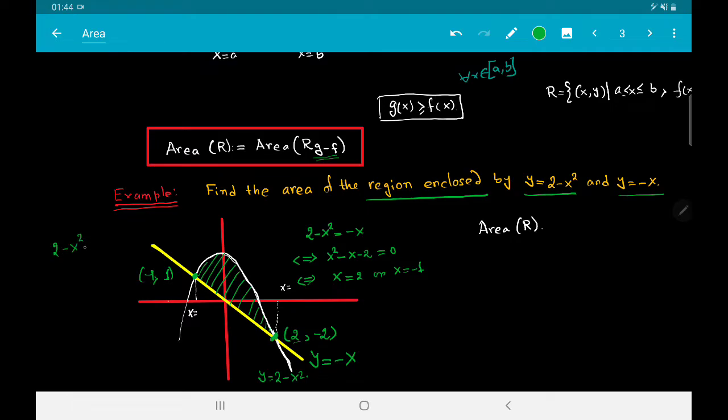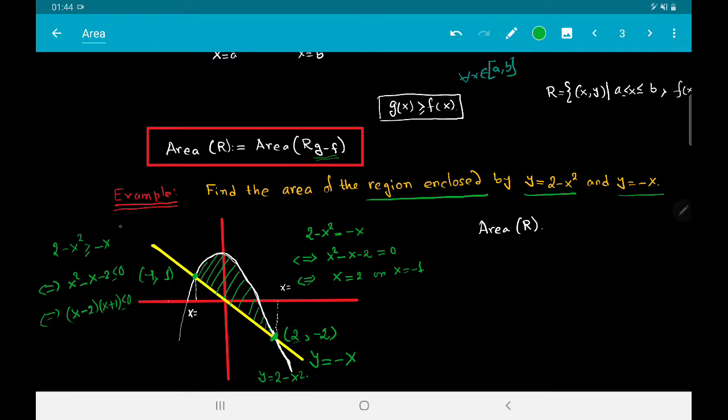So 2 minus x squared is bigger than or equal to minus x if and only if x squared minus x minus 2 is less than or equal to 0. So we have changed side, and this tells us that x minus 2 times x plus 1 is less than or equal to 0.